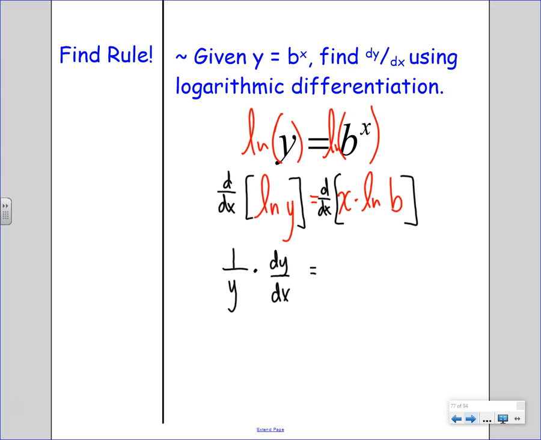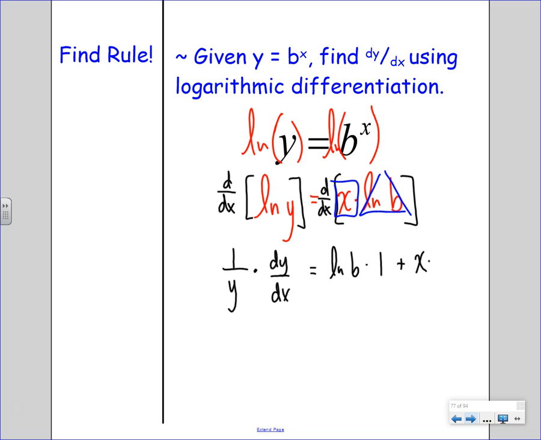There are x's. There's b too, but whatever. If you want, you could think about it as product rule. When you do product rule, second d first, we would have ln of b times derivative of x, which is 1, plus first d second. What's the derivative of ln of b?